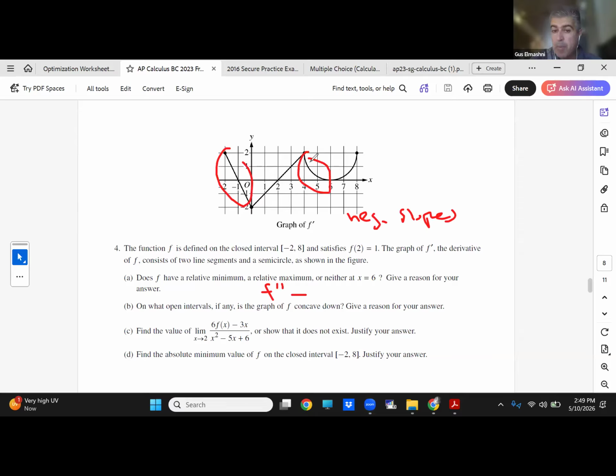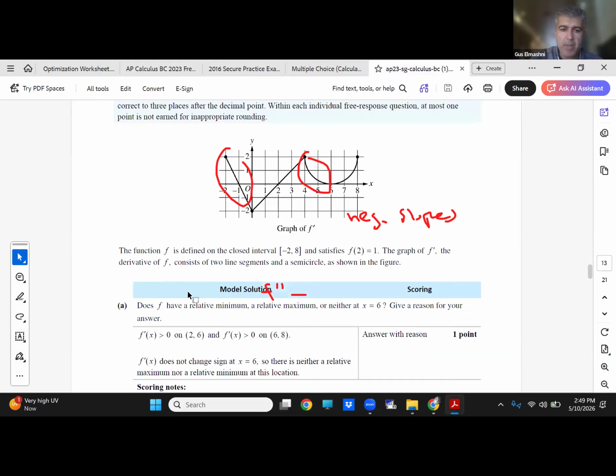They say to keep the intervals open, which you do. And for the reasoning, you want to say f double prime is negative, or you can say f prime is decreasing on those intervals. Yeah, -2 to 0 and 4 to 6. Let's look at the solution key to see how they want it.